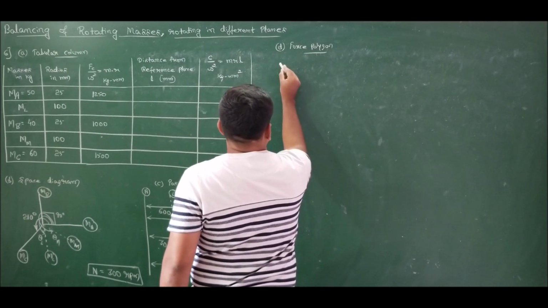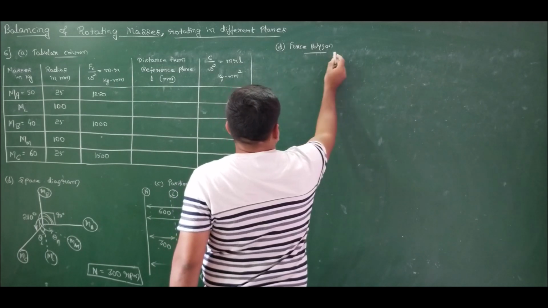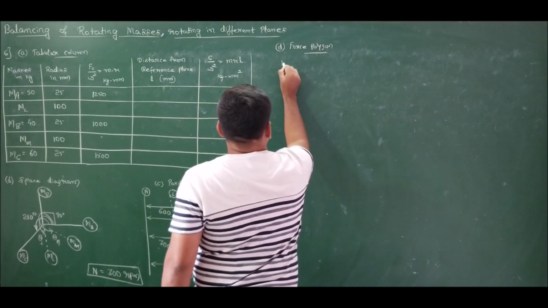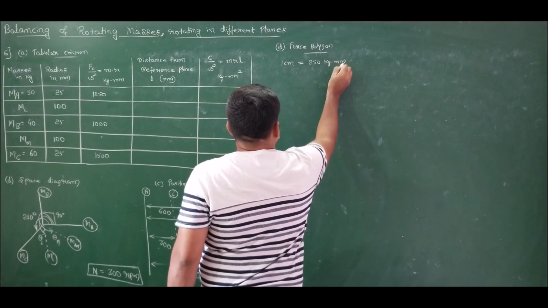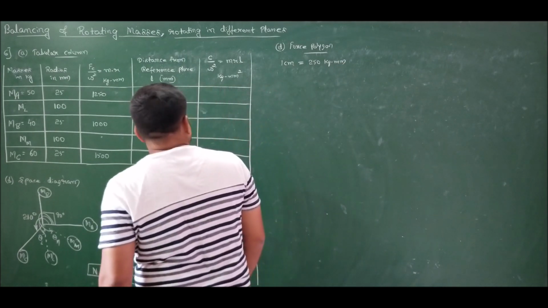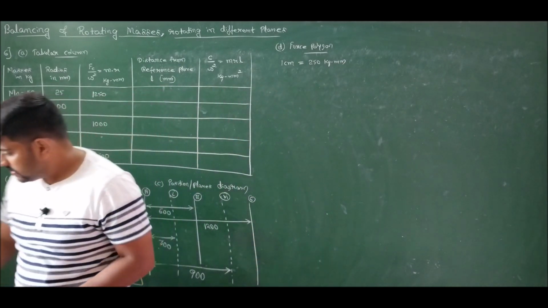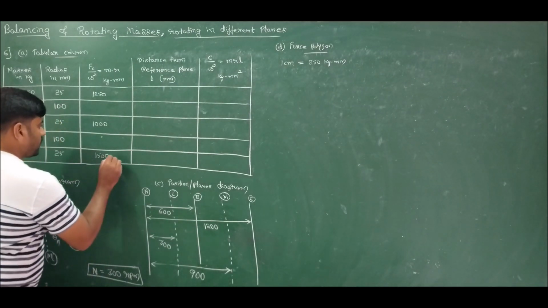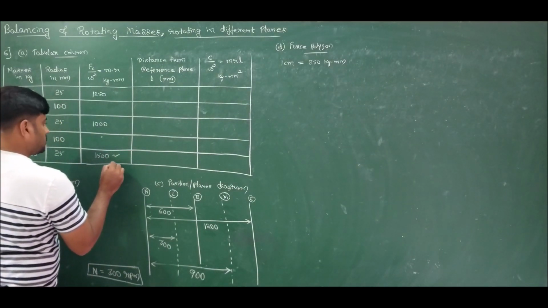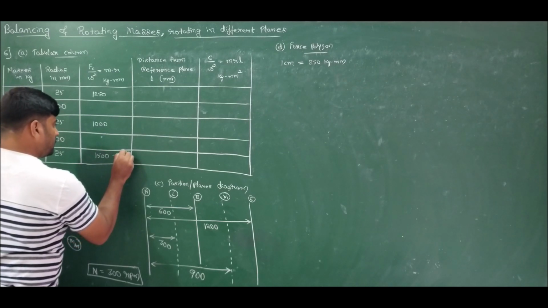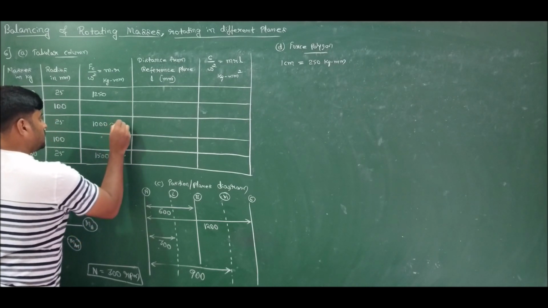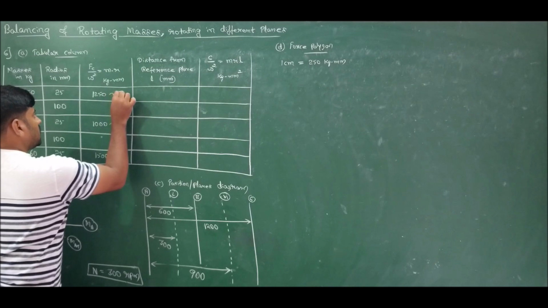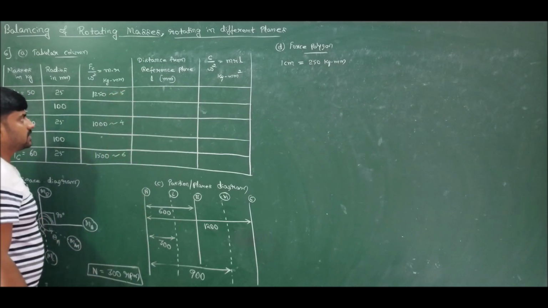So I will choose a scale of 1 centimeter equal to 250 kg millimeters. For the chosen scale, I will get the values as: this is equal to 6 centimeters, this is equal to 4 centimeters, and this is equal to 5 centimeters.